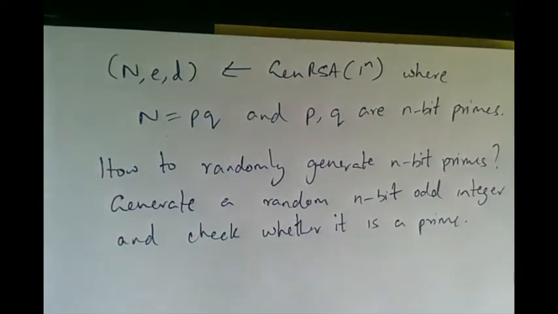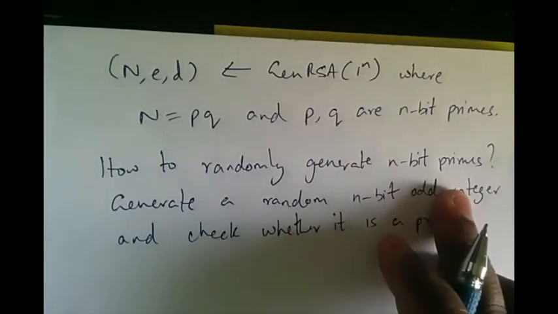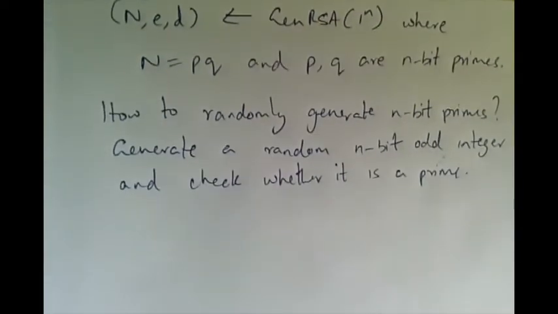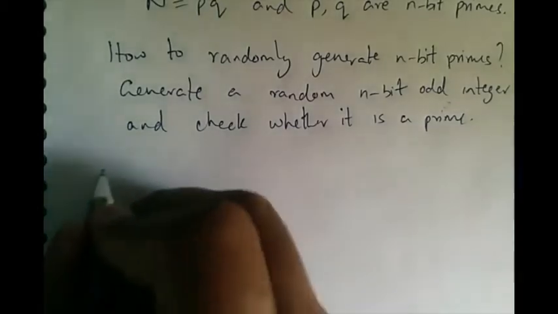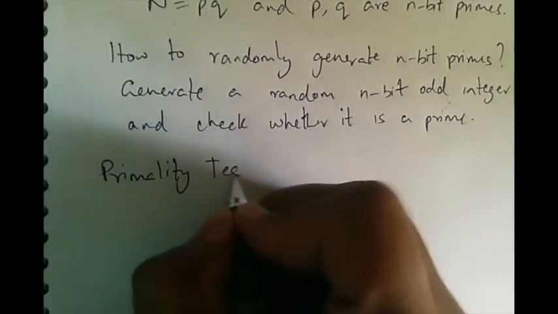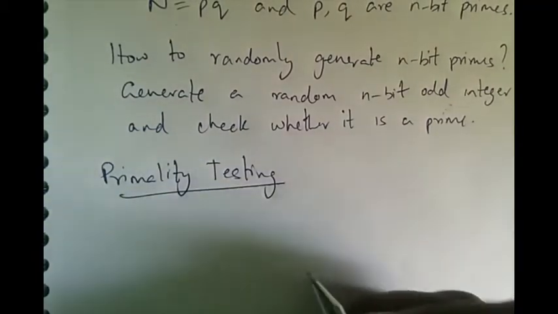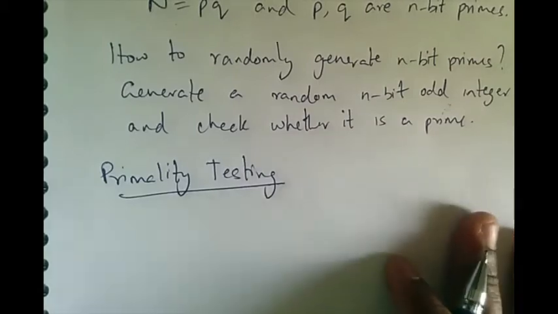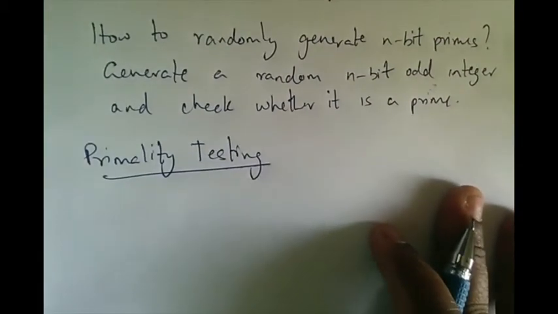And if it is not a prime, you generate another odd n-bit integer and keep trying. So this is called primality testing, which is the next topic. It is the methods which are used to check whether an integer is a prime or not.